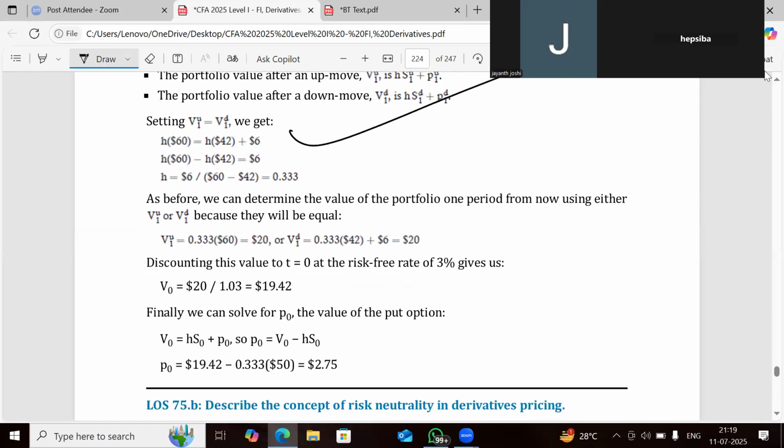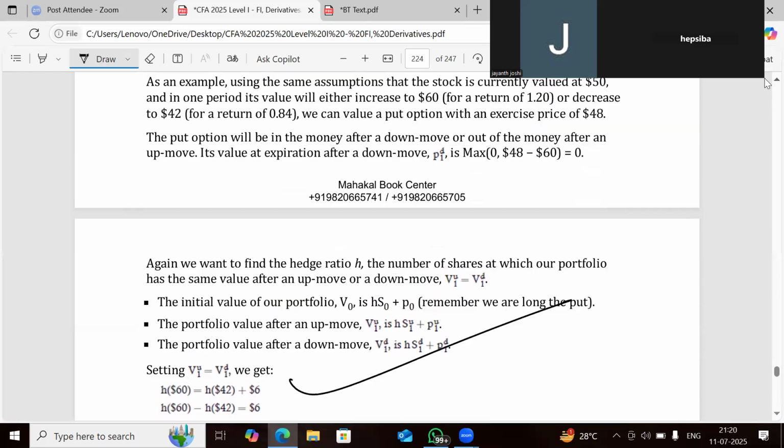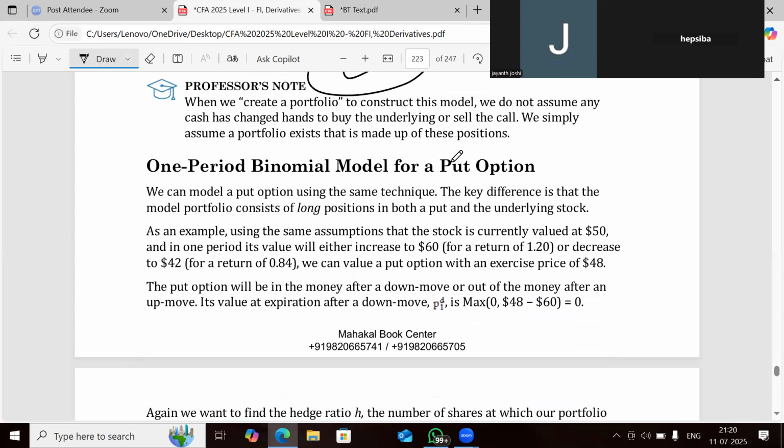Okay, let's do the same thing for put option also. One period binomial model for put option.